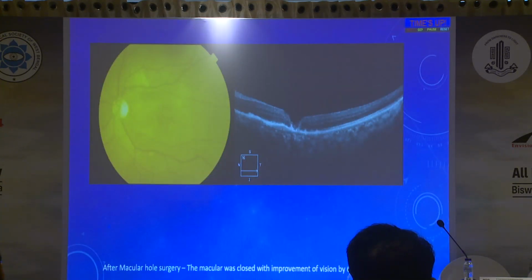So this was the result after the macular hole surgery. At least the vision, what it lost due to the macular hole formation, it went back to 6/60. And now you can see there is no subretinal hemorrhage.